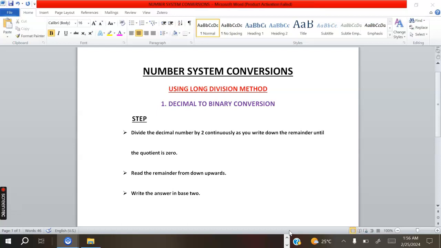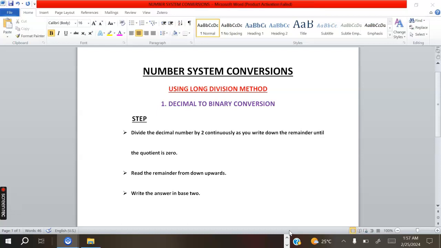In today's tutorial, I'm going to take you through number system conversion, specifically decimal to binary conversion. We are going to dive into the whole thing using the long division method. Remember that we can convert a decimal to binary either using long division or the place value method.